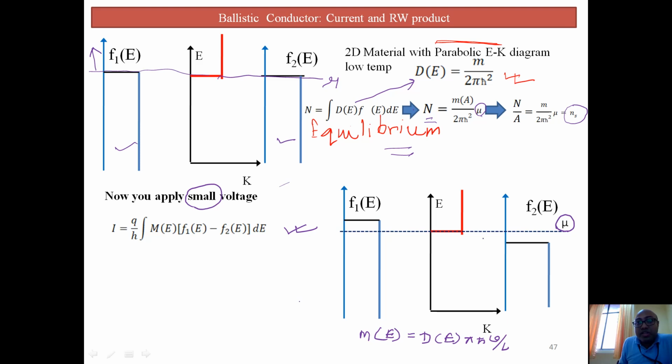Once we apply a small voltage, there is a little bit of change, and we really want to know what is happening very close to my equilibrium level. Earlier the equilibrium level is here, no? Now at this very small equilibrium level, what is happening, that I would like to know.